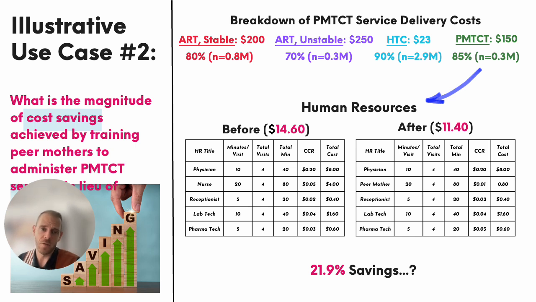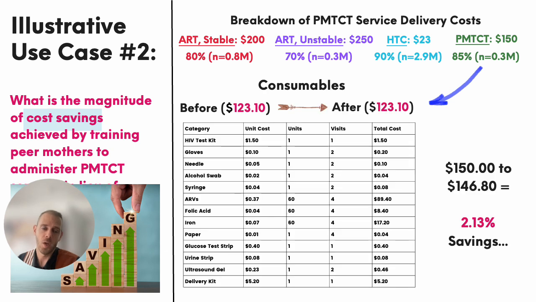But if we back out of this and put it in context, we actually see that the cost savings are not quite as dramatic as we first imagined. So consumables, for example, as a different aspect of PMTCT costs, were $123 before, and they're going to remain $123 after.